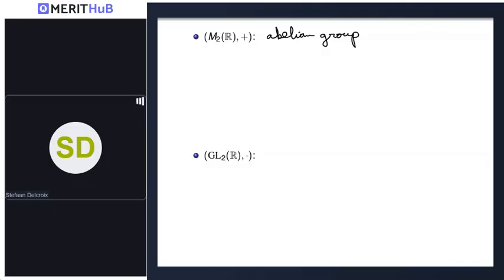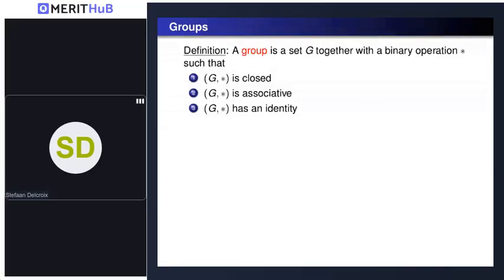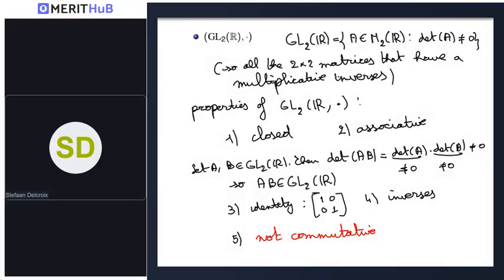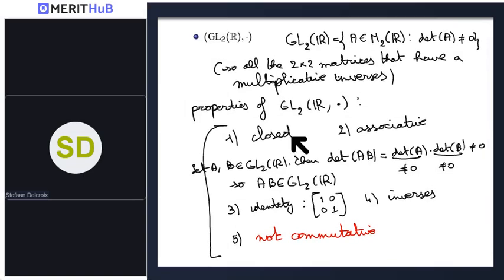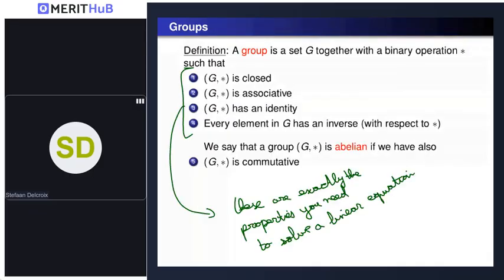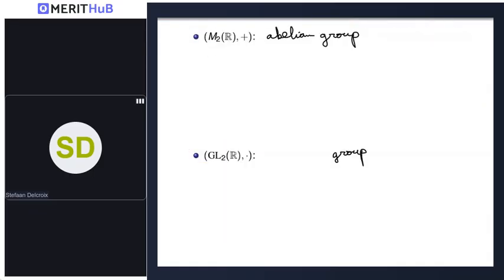And that became a group because here, GL2(R) under multiplication is closed, associative, there's an identity, and you have inverses. So you're a group. Ooh, but you're not commutative. So this is the standard example of a non-abelian group.